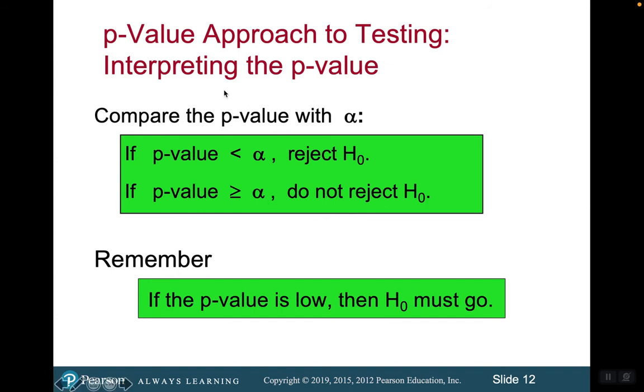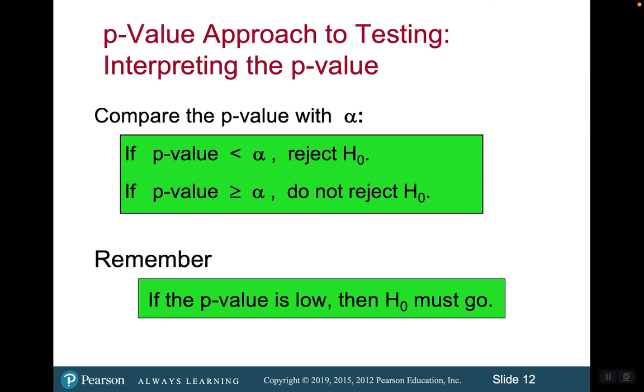So, how do we make decisions around this? If the p-value is less than our alpha value, the probability we identify here, we reject H0. And if it's greater than or equal to it, we don't reject it. To remember this, here's a rule of thumb: if p-value is low, then H0 must go.